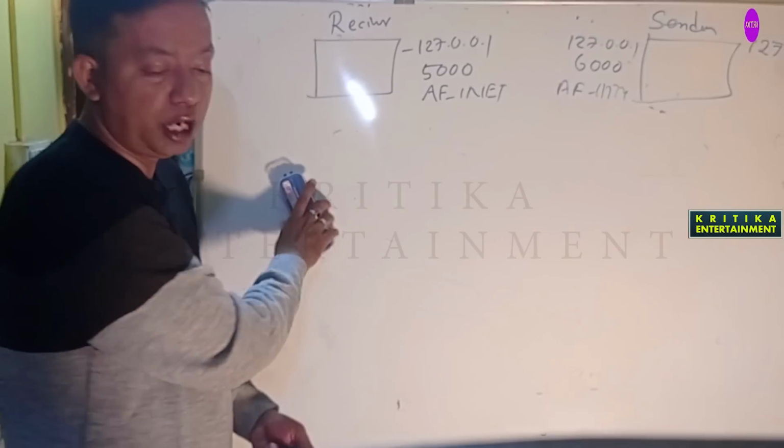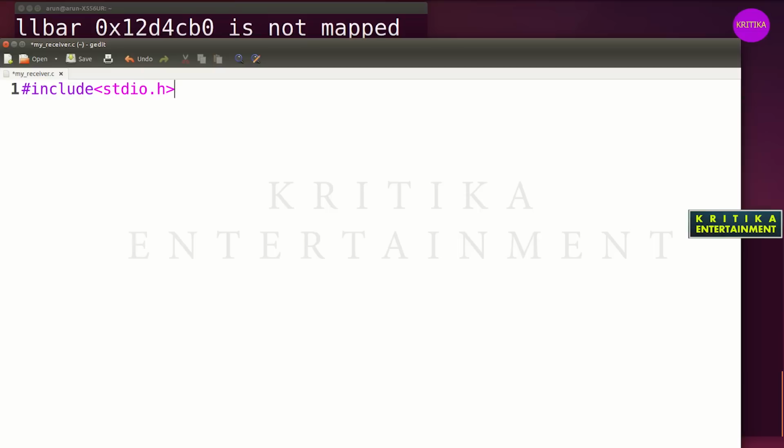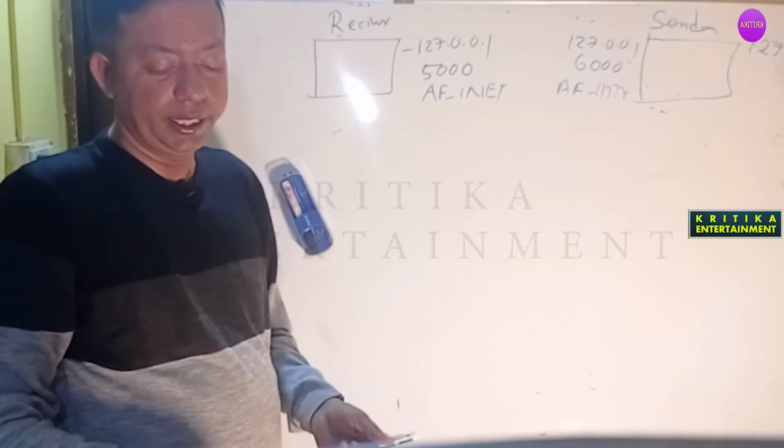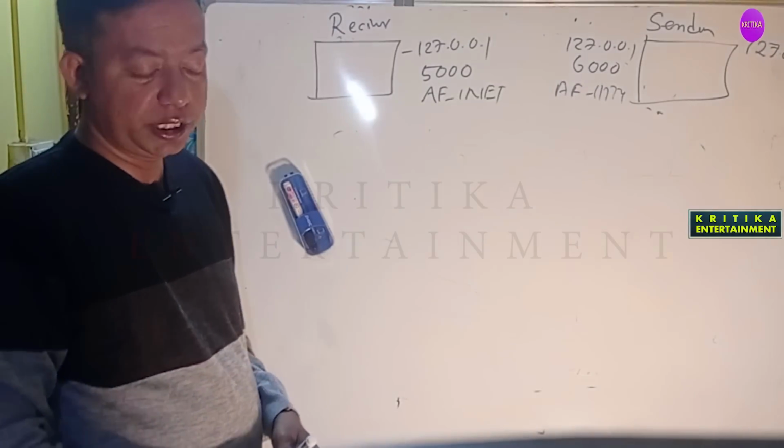Then I will declare the socket. Here I write int main, then start the bracket. I define an int, the receiver FD.